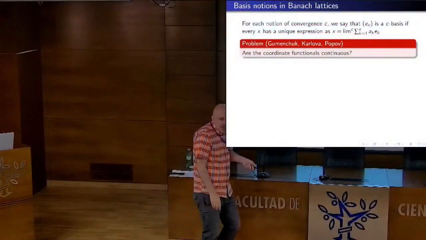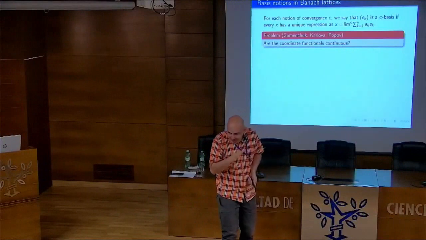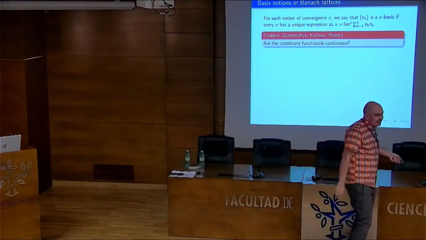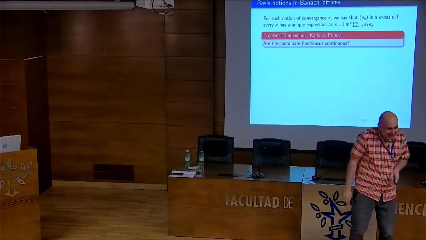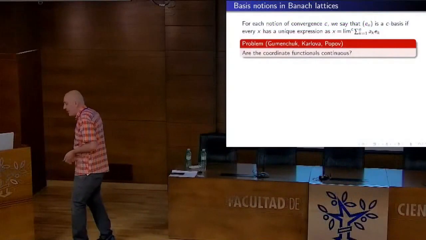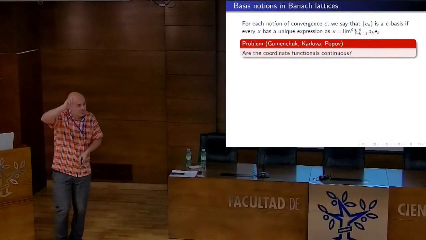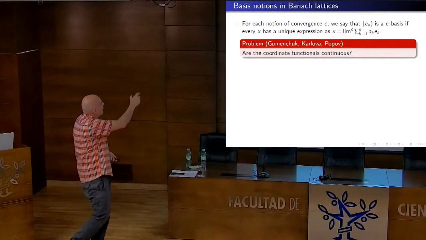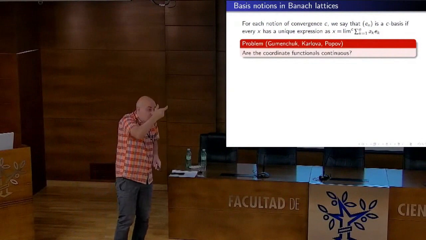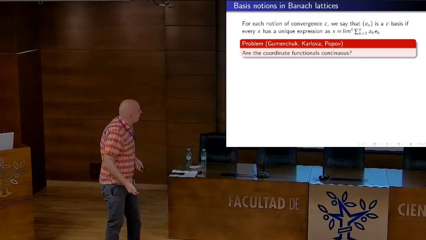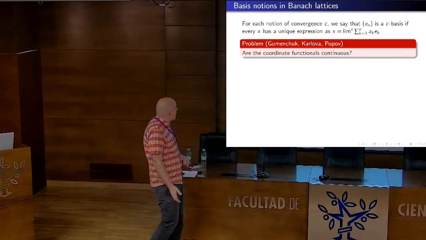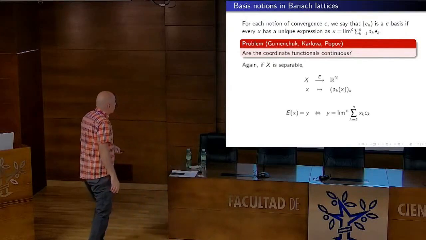But it was noticed by some referee, and it was not me, I can say, that there was a proof lacking. Because they were not able to fix it, they had to put this kind of notion in their hypotheses for the theorems or in their definitions to make their theory work. But they didn't know if the coordinate functionals are continuous or not.